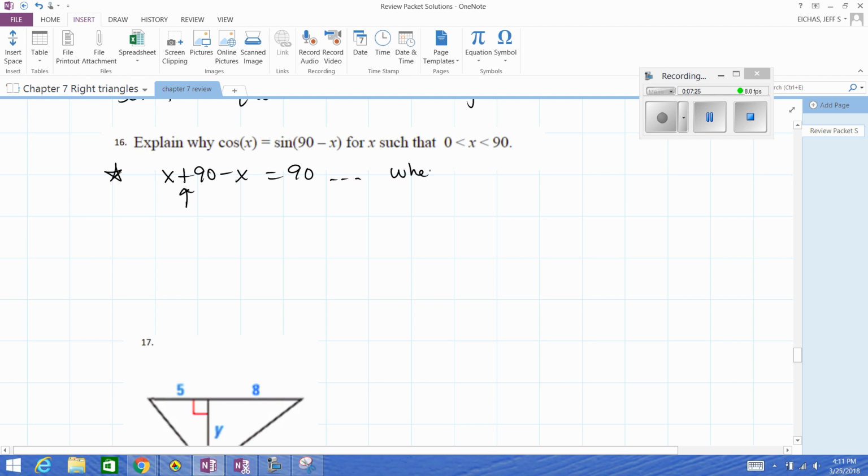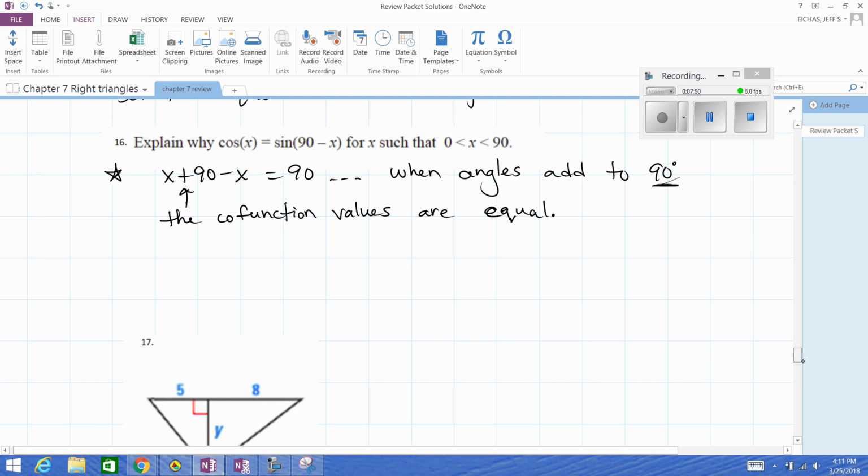Now, when angles add to 90 degrees, because we're going to be careful, someday we're going to talk about radians, let's make sure it's degrees. So when angles add to 90 degrees, their cofunction values are equal. That's it. That's the theorem.